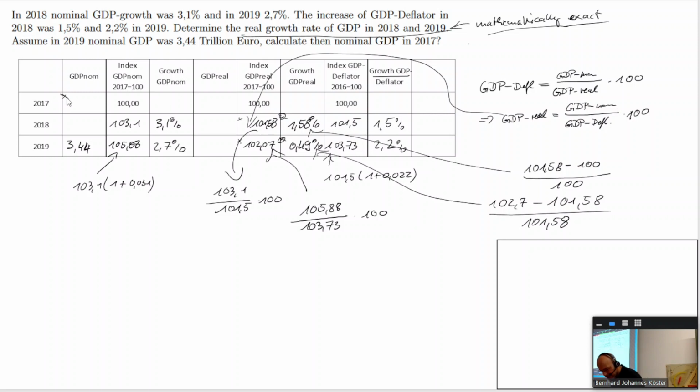We should take this number here. Well, and though we just invert our calculation, maybe we then just calculate backwards these two numbers.